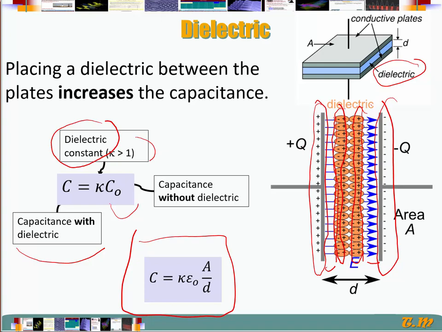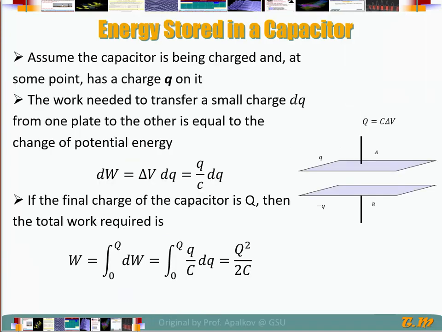Now, capacitors are used to store energy. So let's discuss that for a little bit. Let's assume at one point I have a charge Q here and minus Q here in the capacitor.